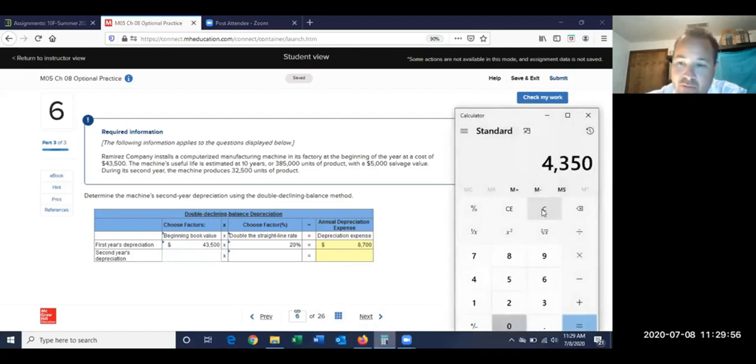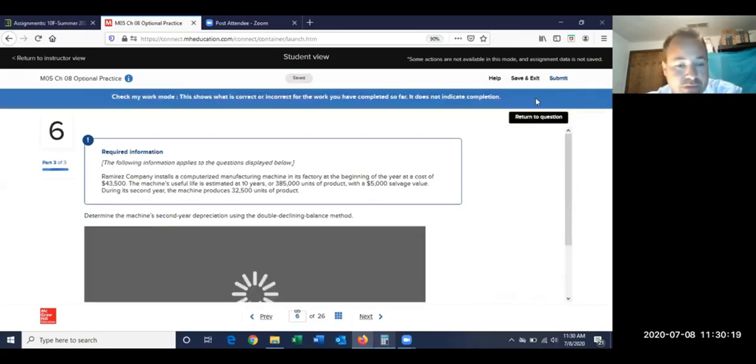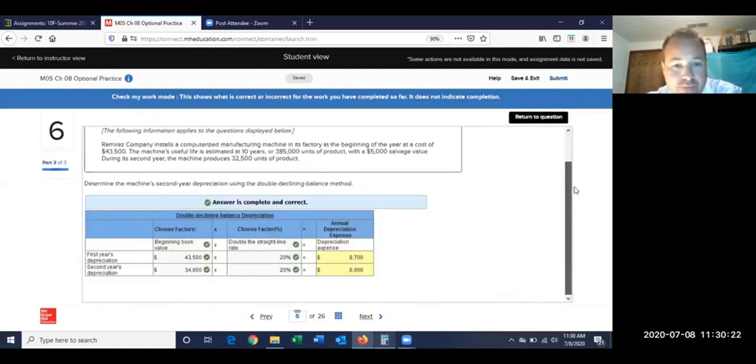I've got to use 43.5 minus all of my depreciations added up. Well, I only have 1, so I'm at 34.8. Beginning book value for year 2. Multiply that by still 20, and then I get my depreciation cost for year 2. Let's go ahead and check the work. And that looks good.